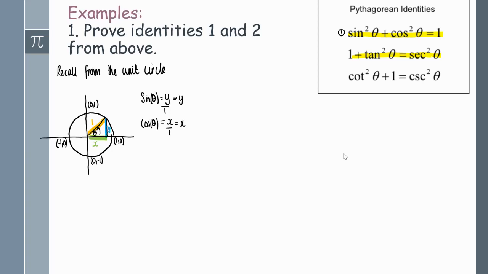Now, because I've drawn in a right angled triangle, I also can use Pythagoras' theorem. So by Pythagoras' theorem, x squared plus y squared equals 1 squared. And now I can just sub in that sine theta equals y and cos theta equals x into this Pythagoras equation.